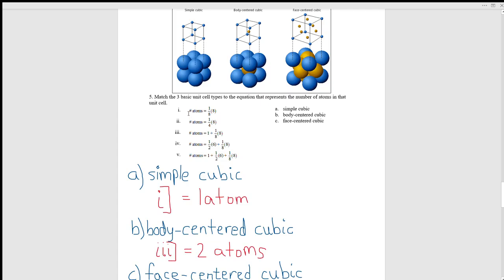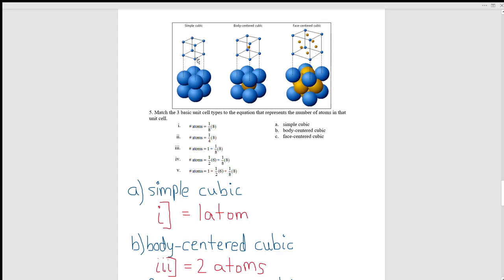For this type of question, it's mostly just a matter of memorization and remembering which one has how many atoms. So for choice A with the simple cubic unit cell, that corresponds to Roman numeral I, because a simple cubic unit cell has 1 atom total within that unit cell. When we look at the equation for Roman numeral I, it tells us that the number of atoms is equal to 1/8 times 8.